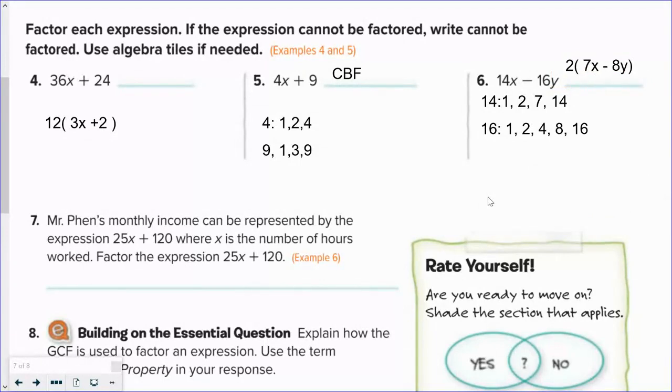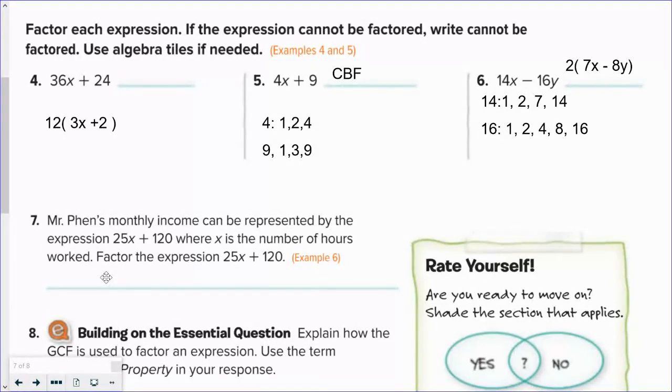Okay. Mr. Penn's monthly income can be represented by the expression 25x plus 120, where x is the number of hours worked. We need to factor. What is our greatest common factor of 25x and 120?